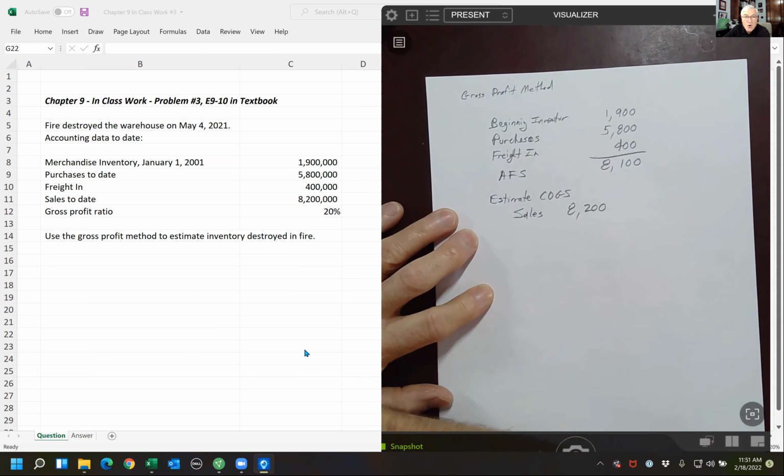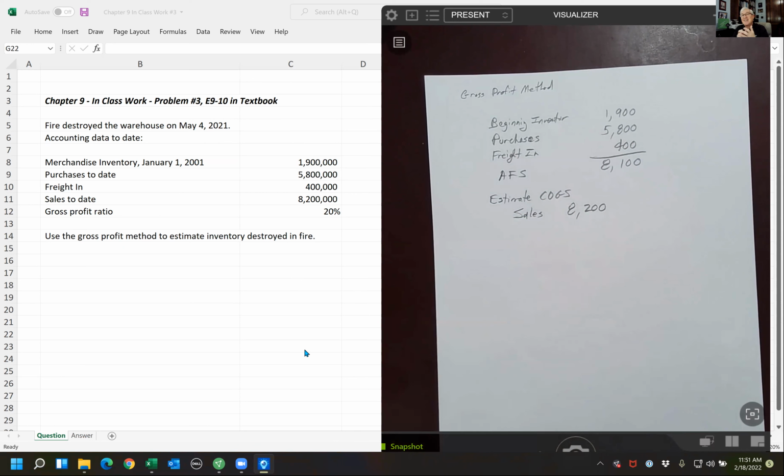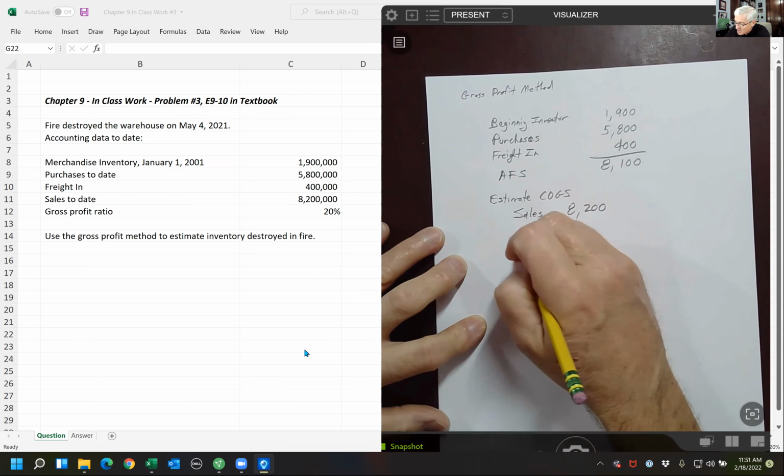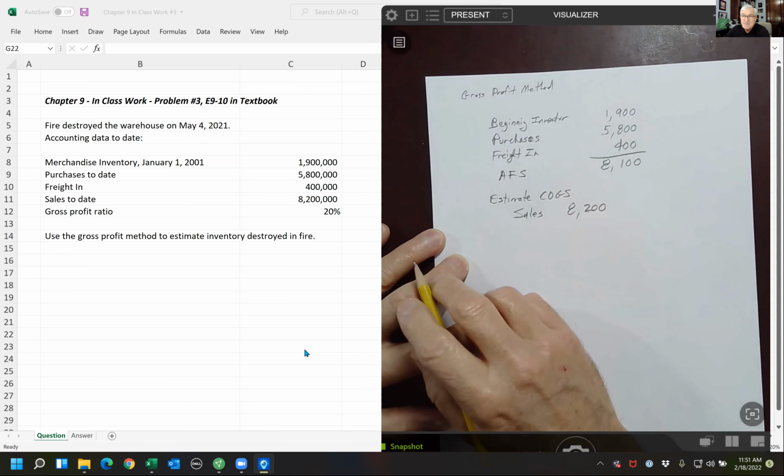And we know that our normal gross profit ratio, and what's gross profit? Just think about this for a minute. It's sales minus cost of goods sold. That's what we're trying to estimate, equals X, and X divided by sales is 20%. So the cost of goods sold is going to equal 80% of that.